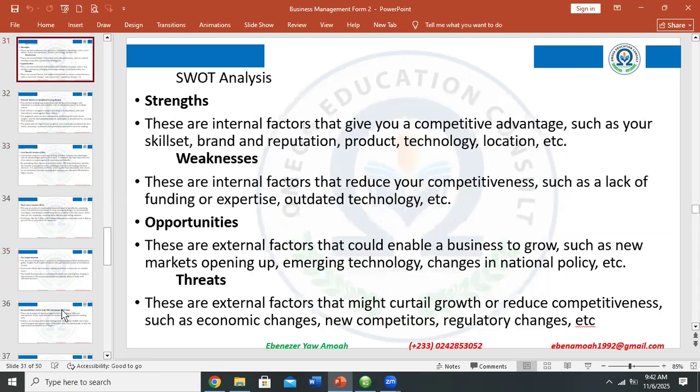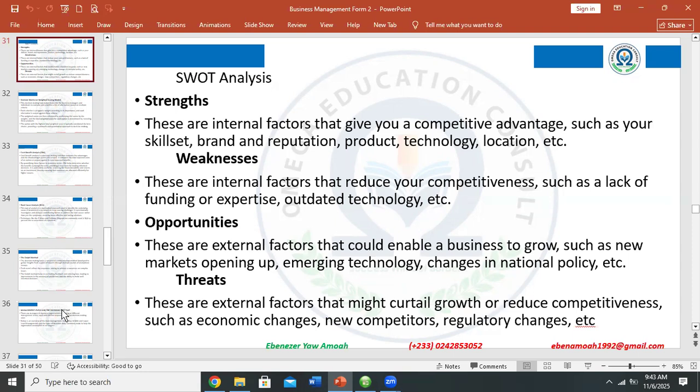So the SWOT analysis, I think we are all on the same page. The S represents strengths, W weaknesses, O opportunities, and T threats. What I wanted to reiterate was that the strengths and weaknesses are internal. They are within the organization or the business, and the business has control over them.